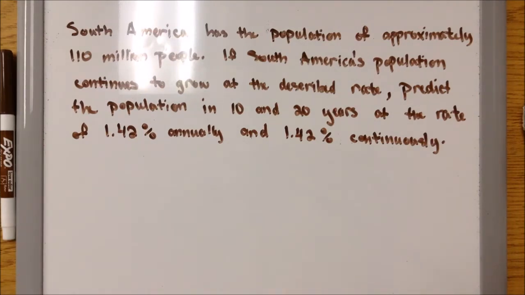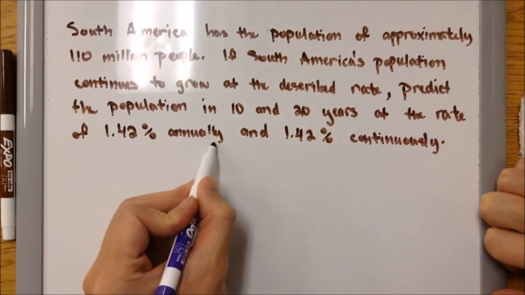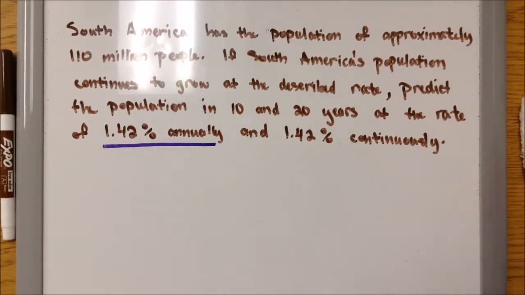That means we're going to use the exponential growth decay formula and the continuous exponential growth or decay formula. So two formulas. First, we're going to focus on the annually part right here.